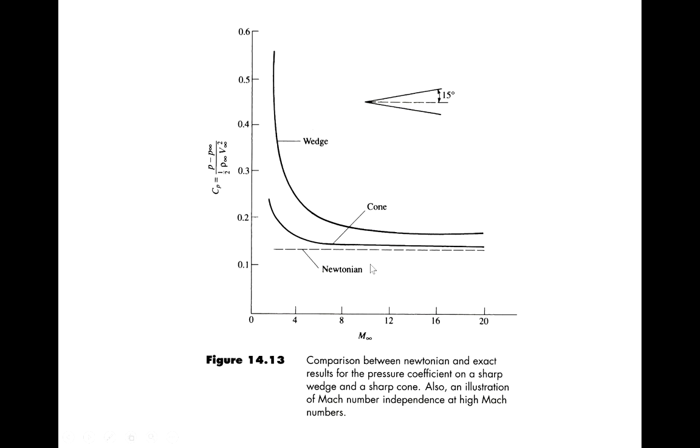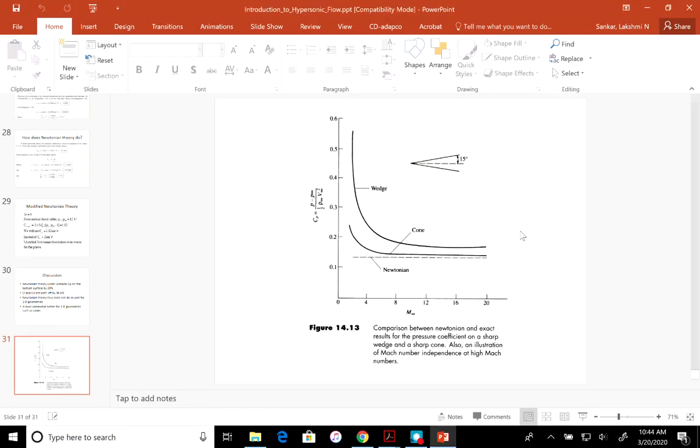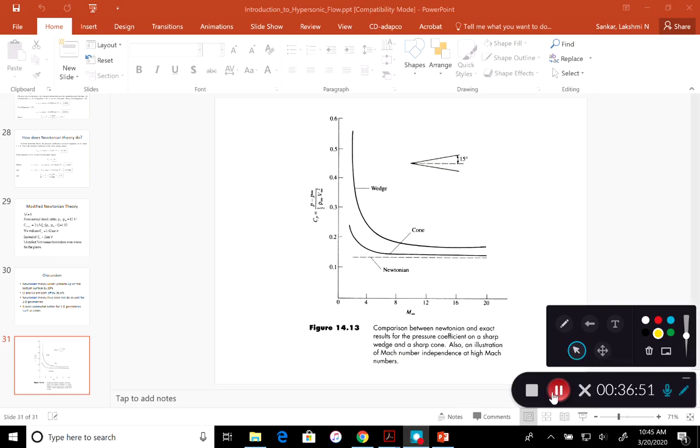So Newtonian flow theory works for bodies of revolution, not so good for 2D geometries. So you cannot apply it on a wing of a space shuttle, but you can certainly apply it for the fuselage of a space shuttle or for a non-wing, non-lifting re-entry body. So this concludes our presentation on hypersonic flow, and we will continue to do more recording in the future.